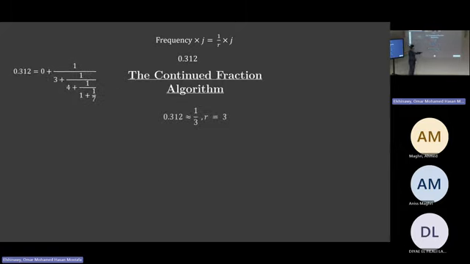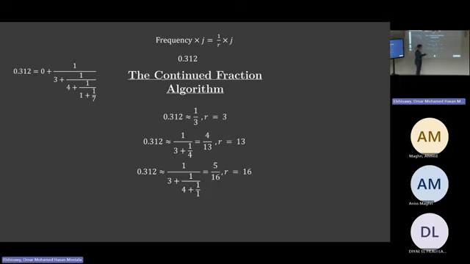For the first one, it should be equal to 1 over 3, and r will be equal to 3. For the second one, it will be equal to 4 over 13, so r will be equal to 13. And in the third one, this will be equal to 5 over 16, and r will be equal to 16. And we're going to choose which r. We have to follow two conditions.